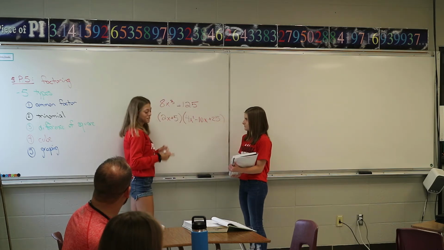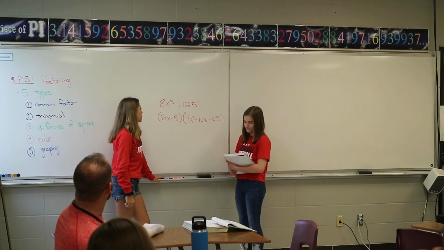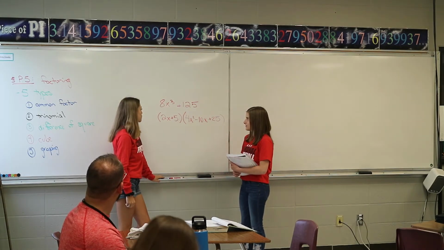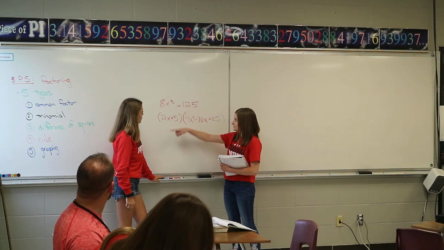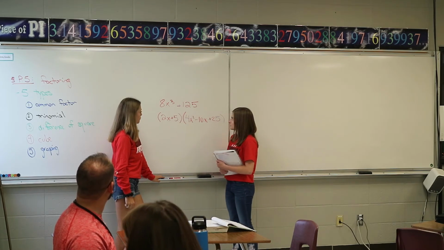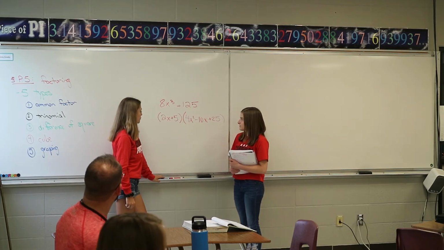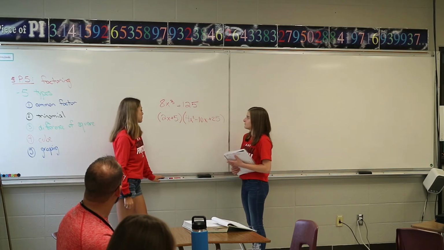And that was our answer. Okay. What type is it? Sum of cubes. Good. So we took the cube root of 8x to the third and we got 2x, and then we took the cube root of 125 and got 5. And then for the signs we had the same and then opposite and then positive.